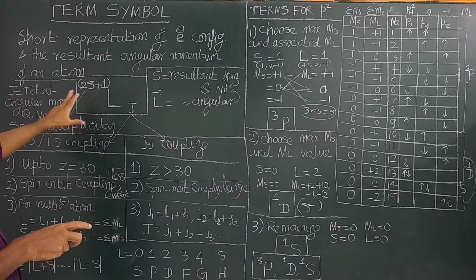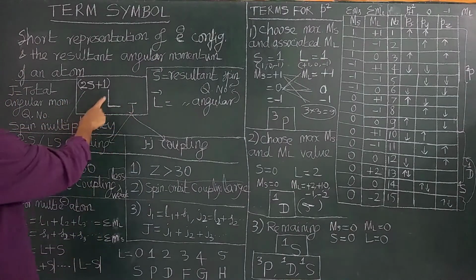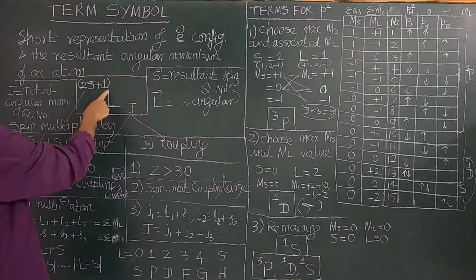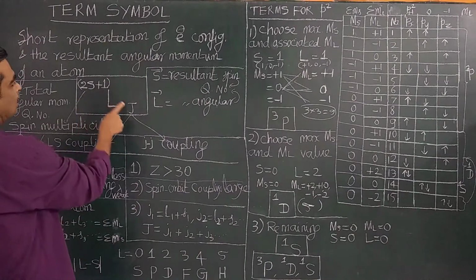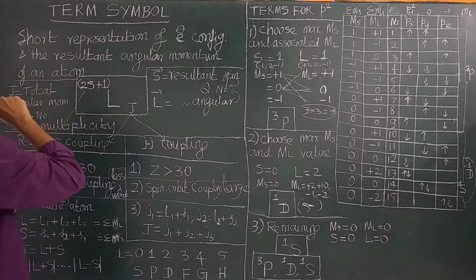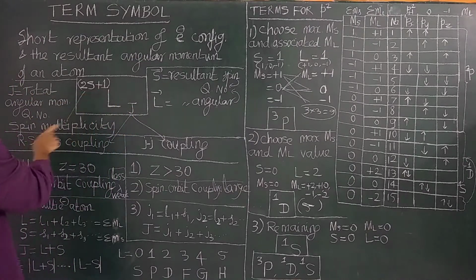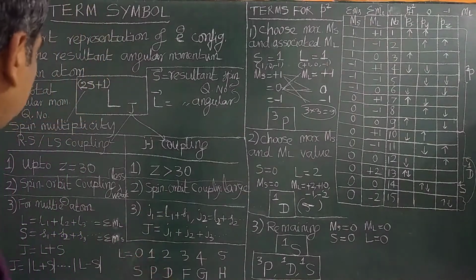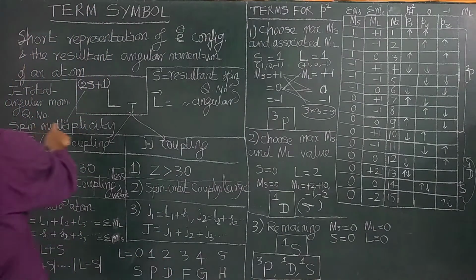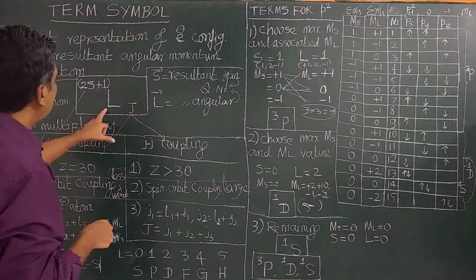It is expressed in the form of L with superscript 2S plus 1 and subscript J. What is 2S plus 1? It is nothing but the spin multiplicity, which we have studied earlier in the spin multiplicity selection rule.